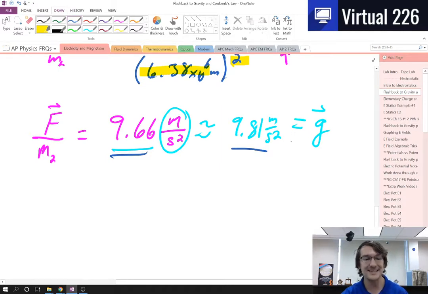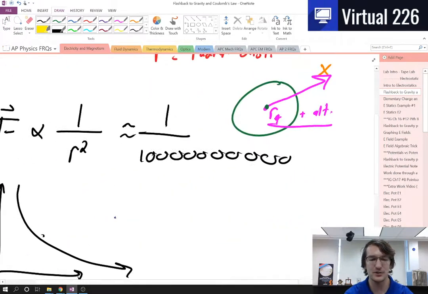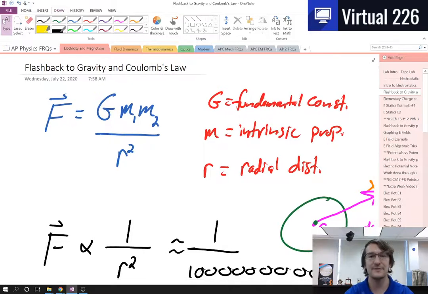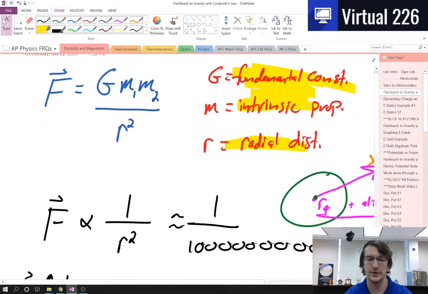Now we're going to take this idea of a force per unit mass and we're going to carry it over to electrostatics. If we carry this over to electrostatics, let's take the same initial equation we had up here. F equals GMM over R squared, but let's this time put in a new fundamental constant, new intrinsic properties, and then see what's going on with radial distance.